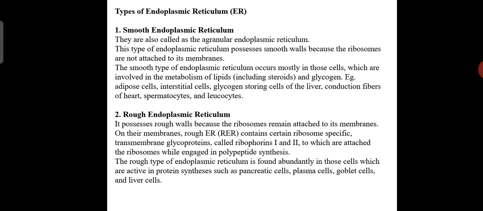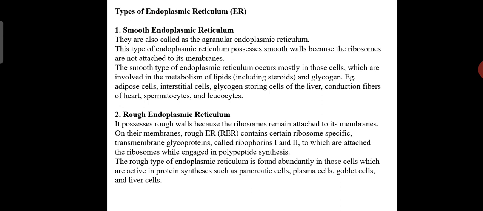So again, types of ER: smooth endoplasmic reticulum and rough endoplasmic reticulum. The first one is the SER. It is also called the agranular endoplasmic reticulum. This type of ER possesses smooth walls because ribosomes are not attached to its membranes.